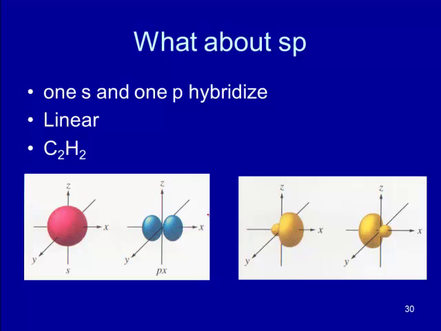So then what about the sp? It takes one s and one p to hybridize. The shape of the hybridized orbital is linear. Case in point, and sorry, this one should be C2H2. It's acetylene. Okay, this one will be the acetylene example.